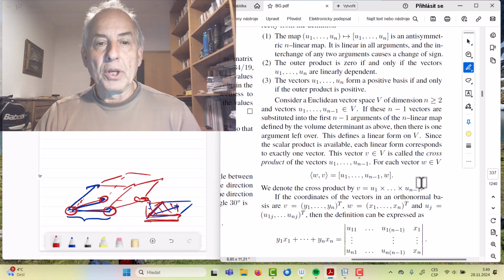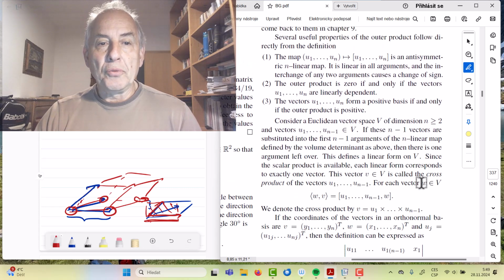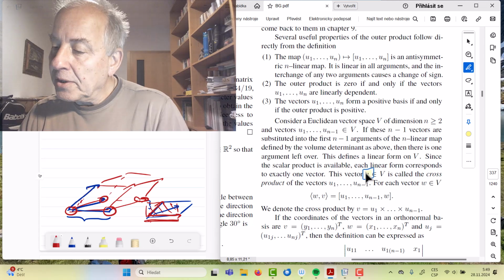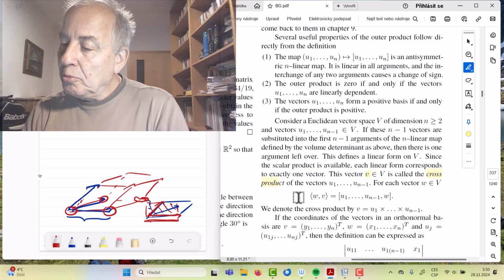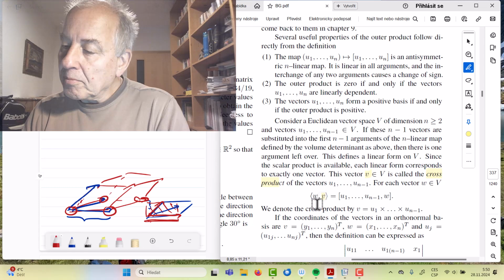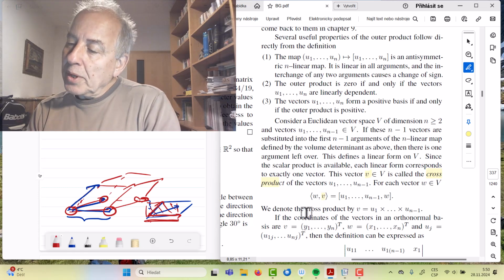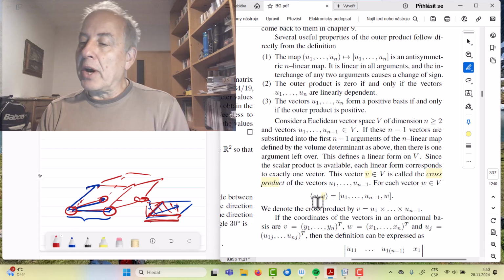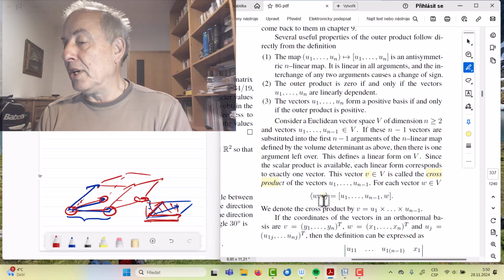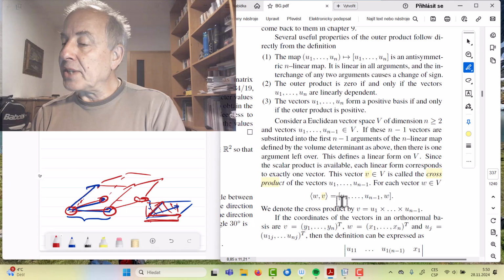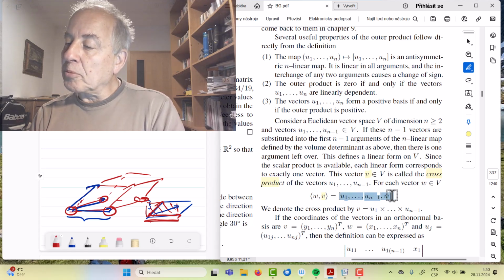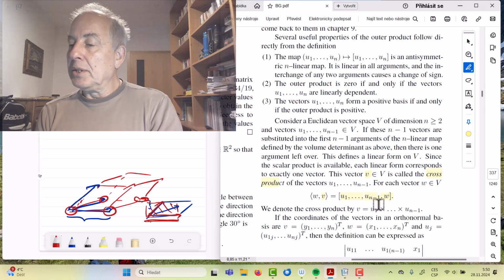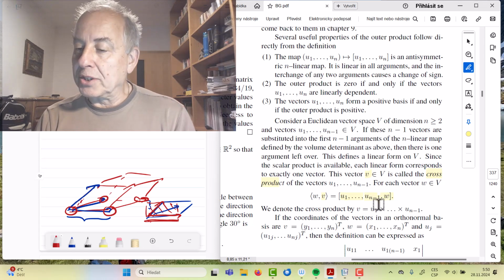And so what we can do is declare the vector v, which is called the cross product, to be the unique vector which would evaluate via the scalar product, so viewing the vector v as a linear form, the same way as pushing the remaining argument into the outer product, right? So this is how the cross product is defined.